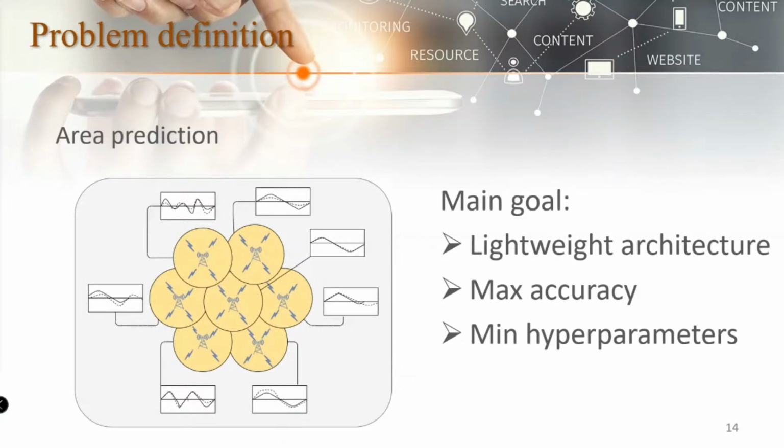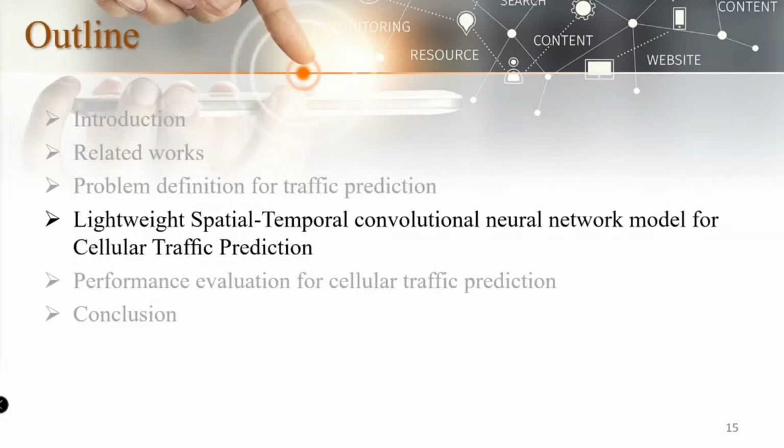The third goal is to minimize the hyperparameters. In order to achieve the three goals just mentioned, we propose a lightweight spatial temporal convolutional neural network model for cellular traffic prediction. And let's talk about this method.